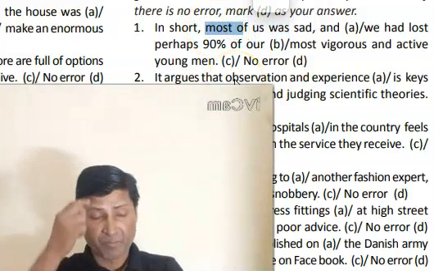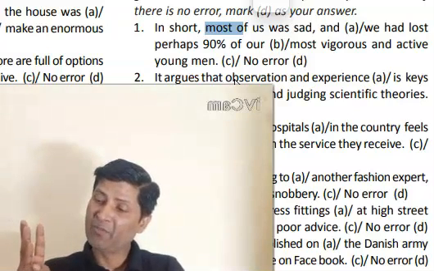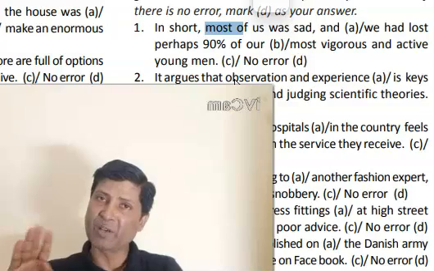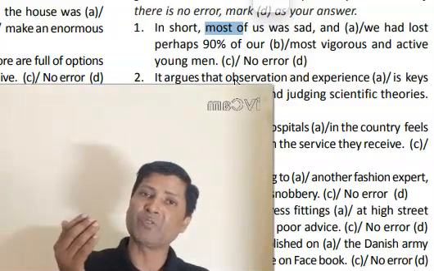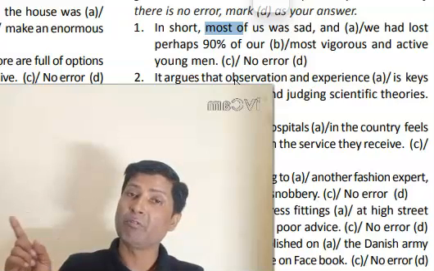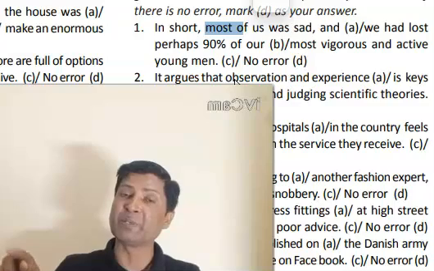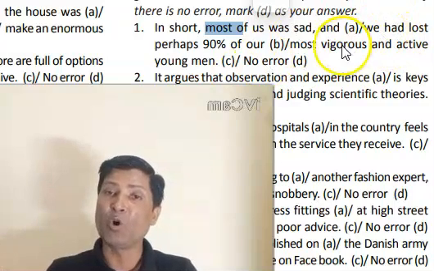And remember the rule that we have discussed: when some of, all of, most of are followed by countable nouns, then the verb must be plural. So here "us" is plural, therefore "most of" is becoming plural. So in place of "was," it should be "were."